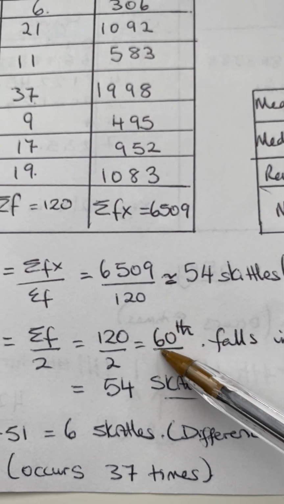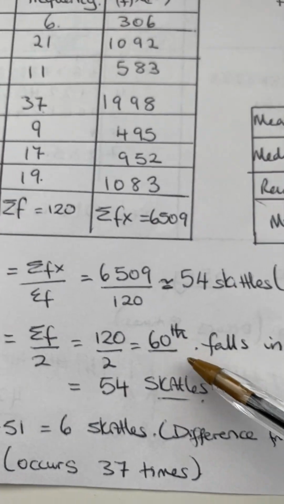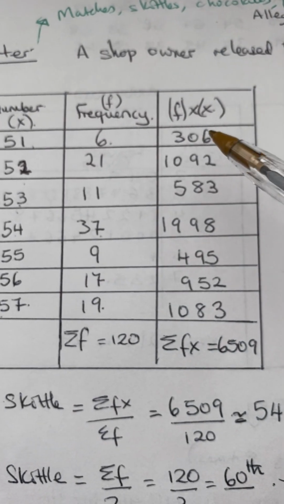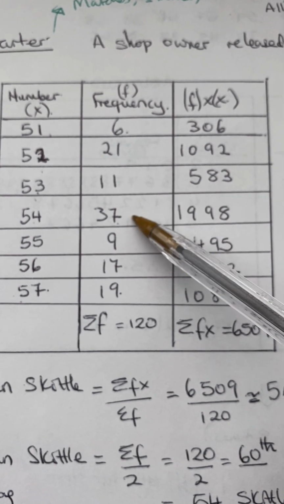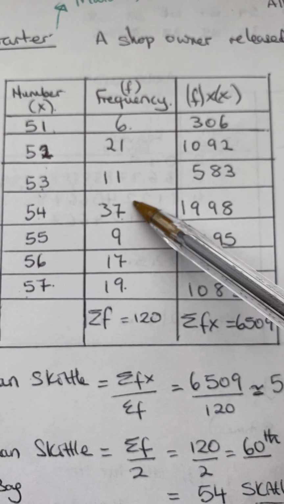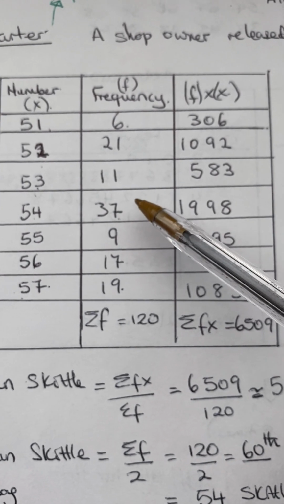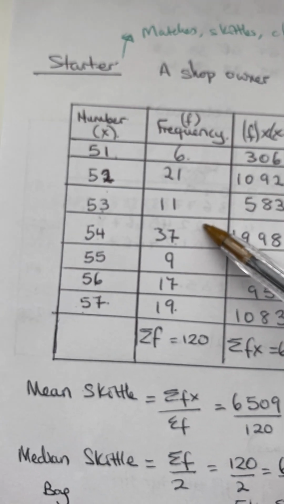So it will be your 60th skittle. So what have we been doing? You will add the frequency till you get to the group that has the 60th. And that group will be your median skittle.